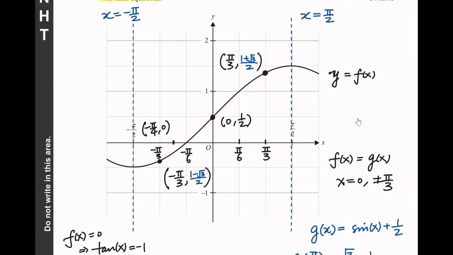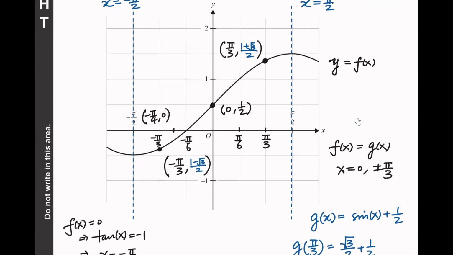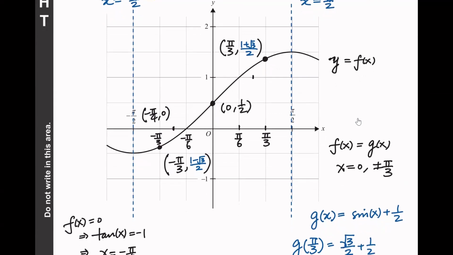But what I'm going to do is I'll also recognize a symmetrical point from here to here, from here to here. This is called the rotational symmetry. All right, I've got all of this.